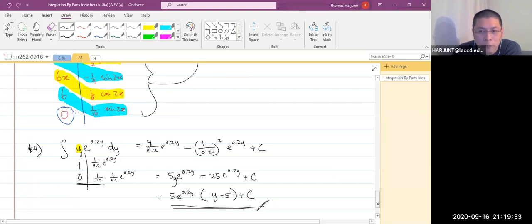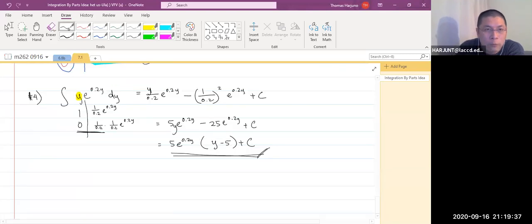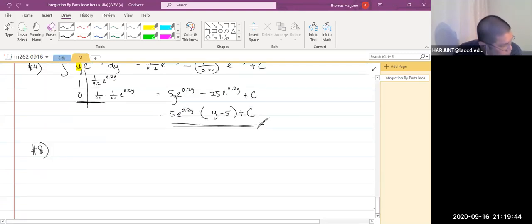Okay, so instead of writing u, dv, keep on doing that, we focus on integrating and differentiating. Number 8. We did number 8 already, but I will do it again, this time using tabular method.